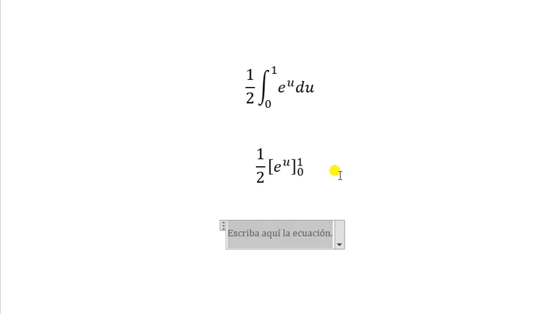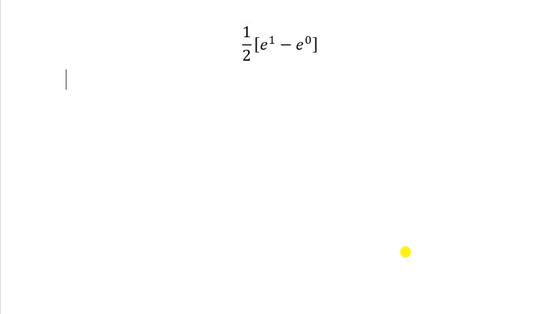So we end up with 1/2 multiplied by e to the 1 minus e to the 0, and that will be it. So we just need to do this subtraction, right? So we end up with 1/2 multiplied by e to the 1 minus 1.